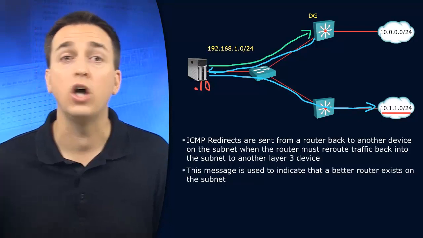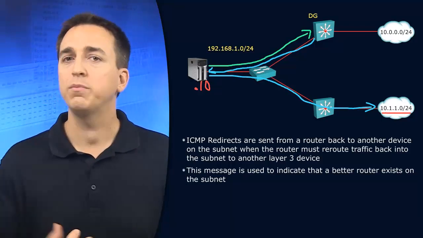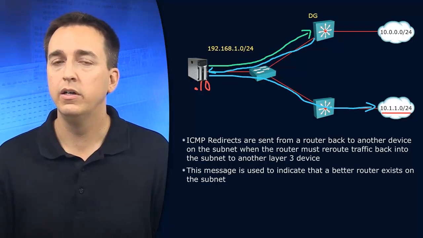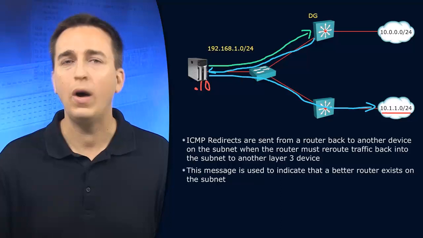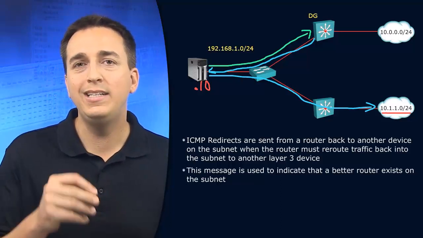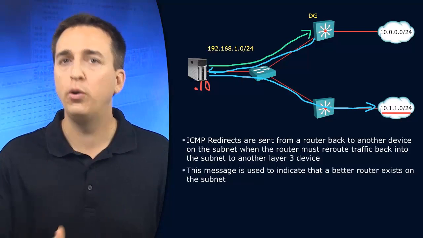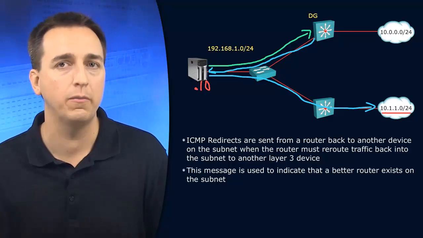So this feature is on by default within our networks, the ICMP redirects. Is it something we want to rely on? No, we wouldn't want to rely on this particular feature. Why? Because do we really want this additional effort put in place to notify our client that there's a better path?